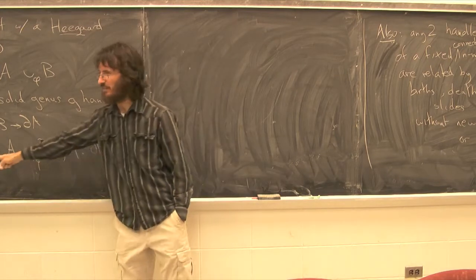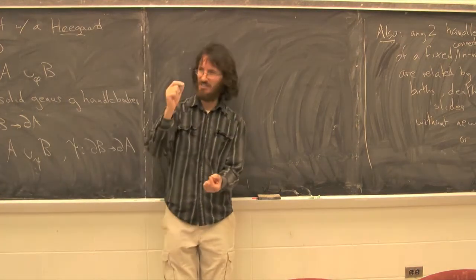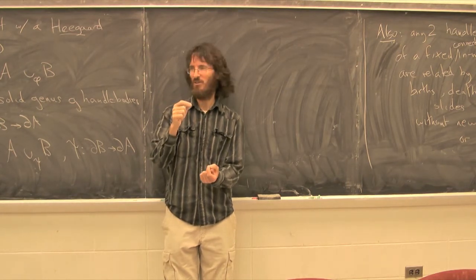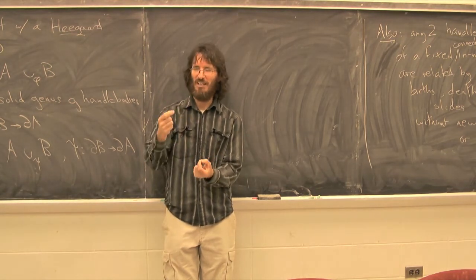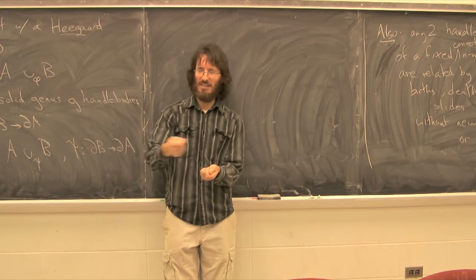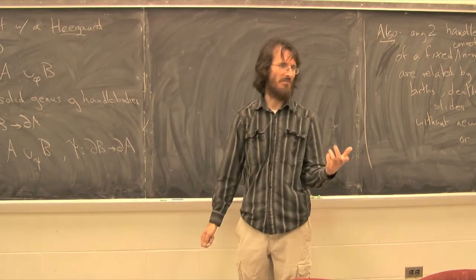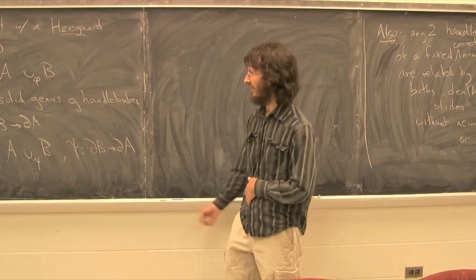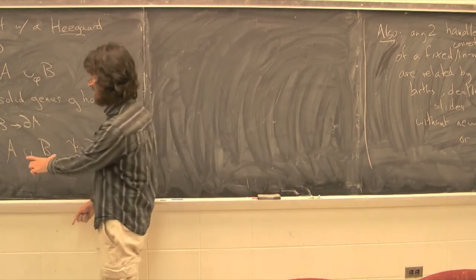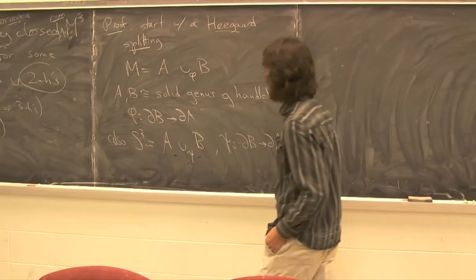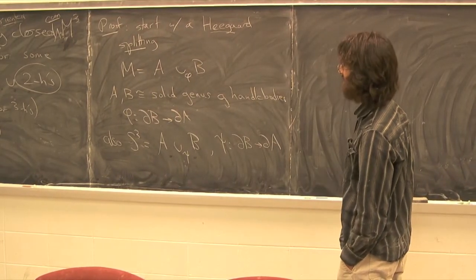I take a Morse function on S3 with just a single index 0 and a single index 3 critical point. That corresponds to a genus 0 Heegaard splitting, just two balls. And now I just stabilize it. I do a whole bunch of 1-2 births until I get to genus G, and now I've got a genus G splitting in S3.